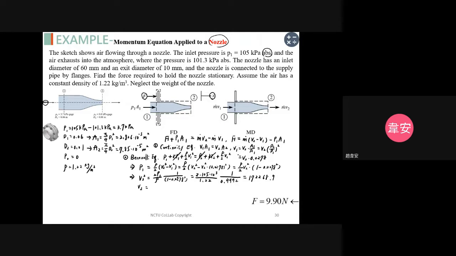So I recalculate the number. Wait, I check the numbers.